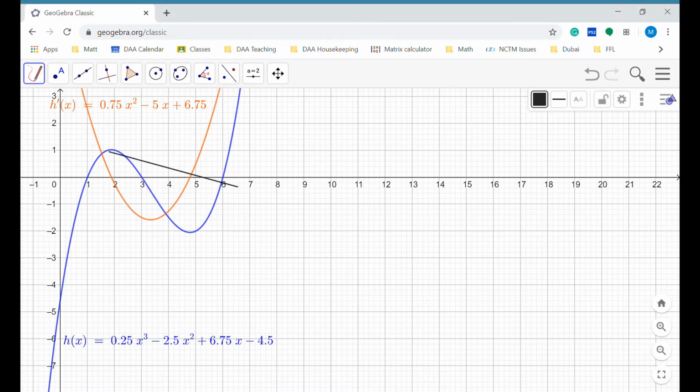There's a couple other things that are important when dealing with the derivative. One of the most important things is if you notice the maximum and the minimum of our original graph, these local extrema, as they're called, correspond to the x-intercepts of the derivative.